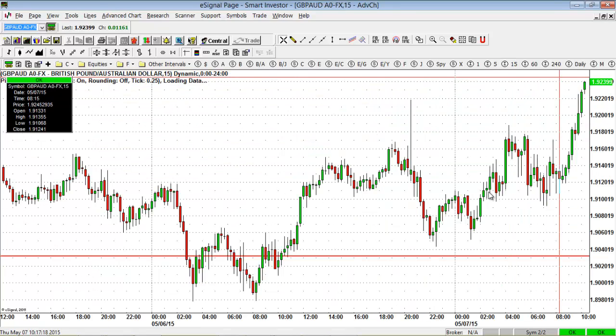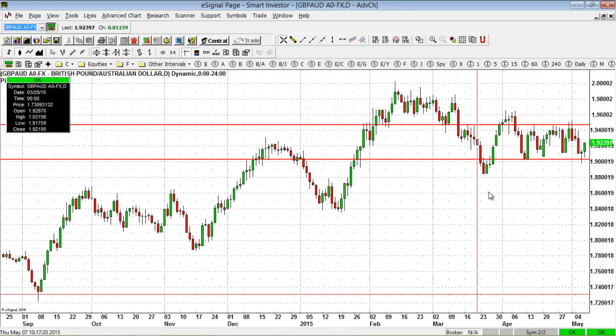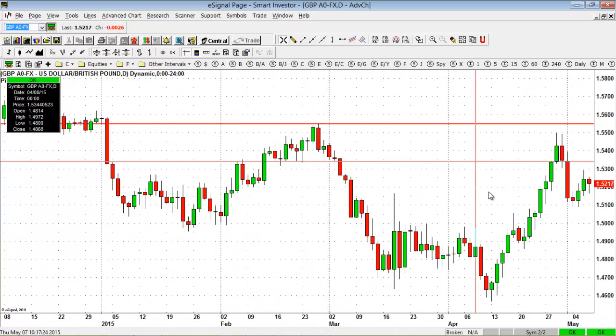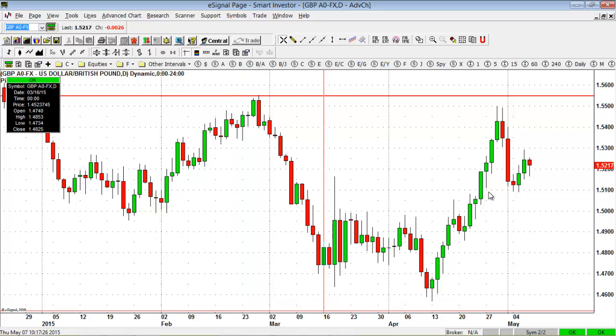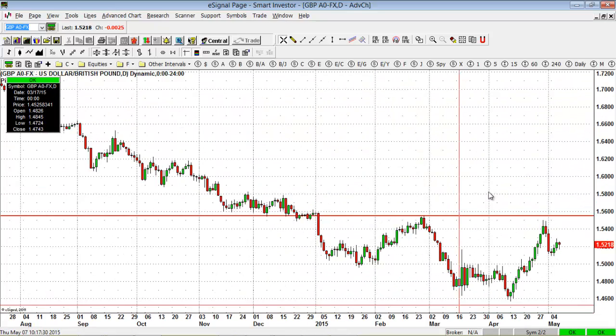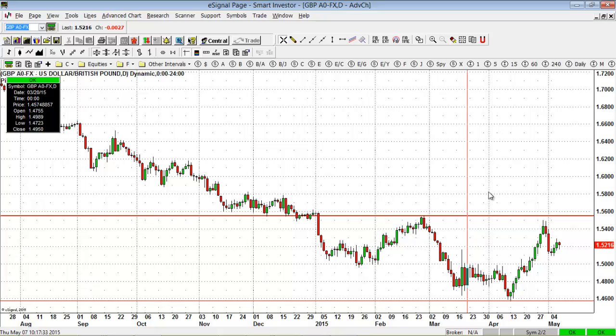Now we see the British pound, and another thing, back to the British pound. Let me go to British pound, US dollar. As I said, the UK election is coming up, and there is definite event risk. An email question I received was, will I take off my positions because of the UK elections?